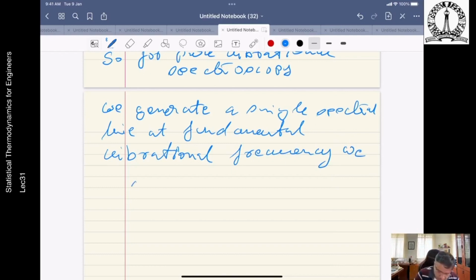And if we recall, what was omega E? Omega E was 1 by 2 pi c times the square root of k naught by mu, right?